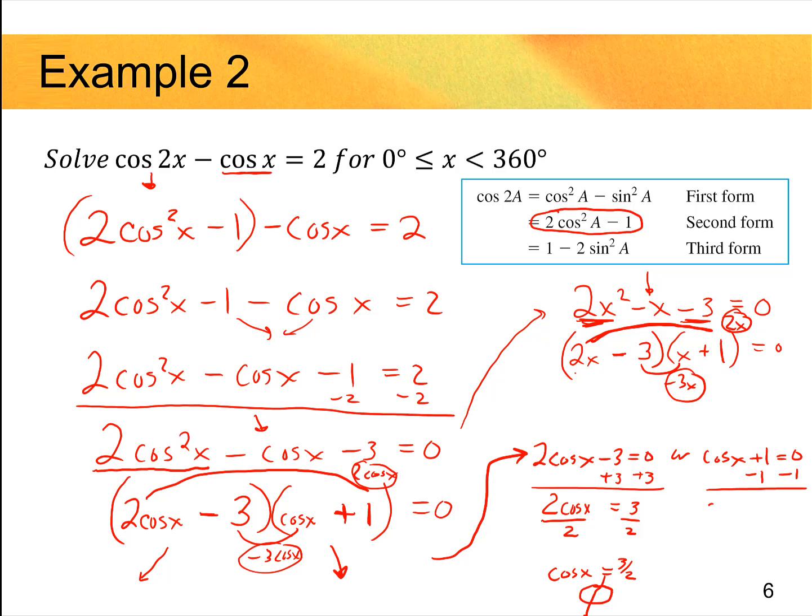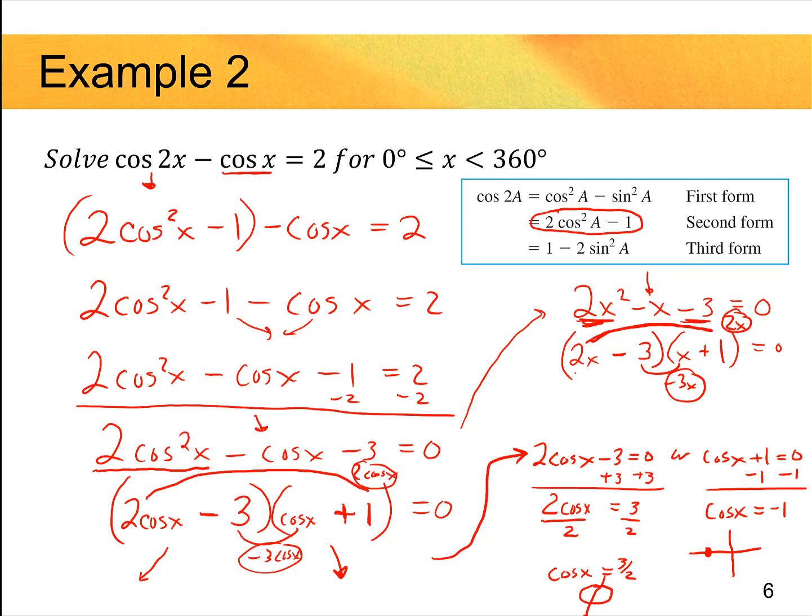So we're going to subtract 1 from both sides. Cosine of x is equal to negative 1. When along the unit circle does cosine x give you a negative 1? In fact, I think we did that on the previous number. It's right here, right?